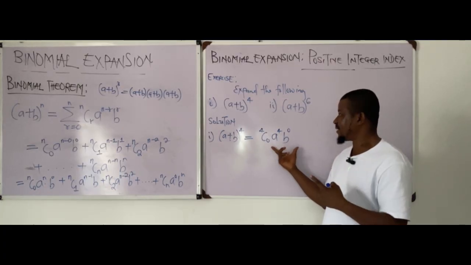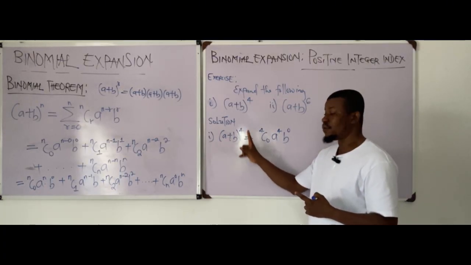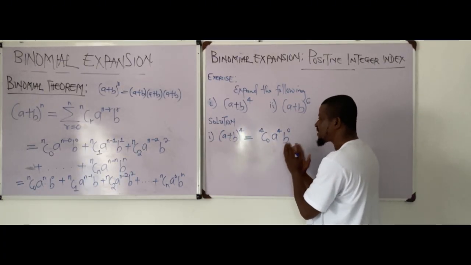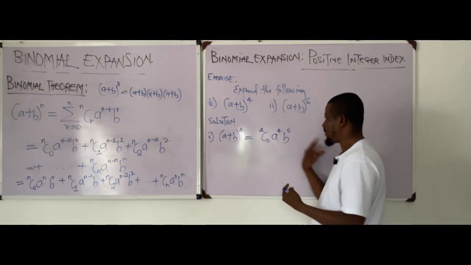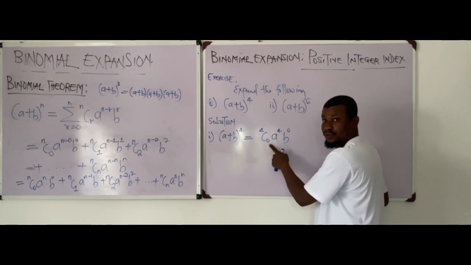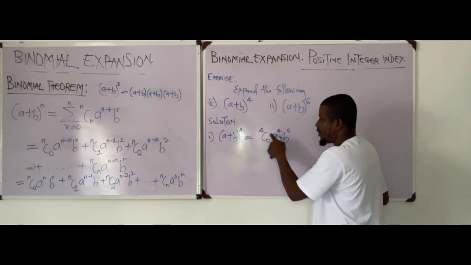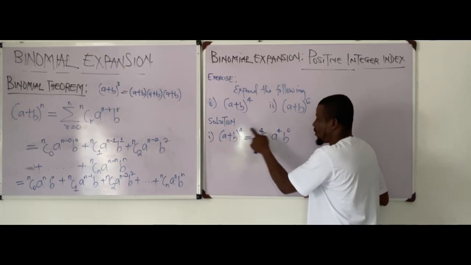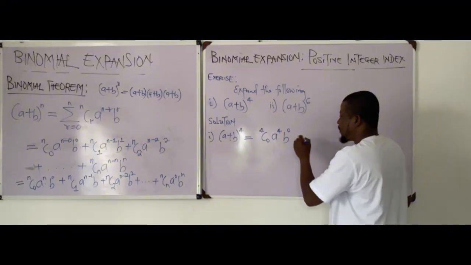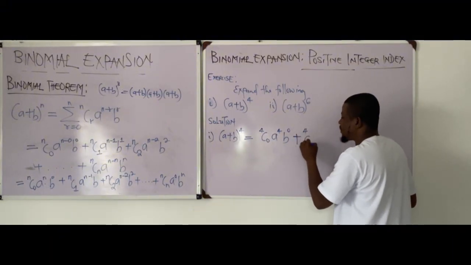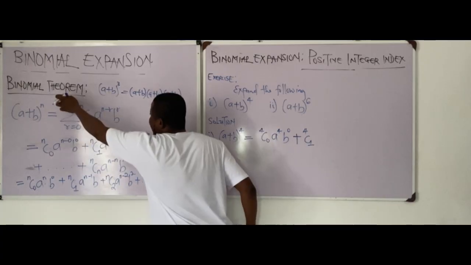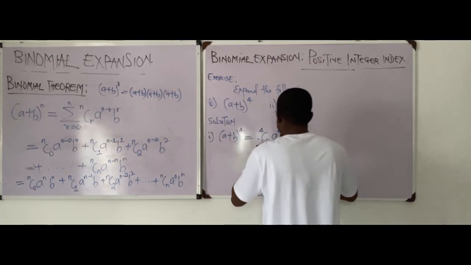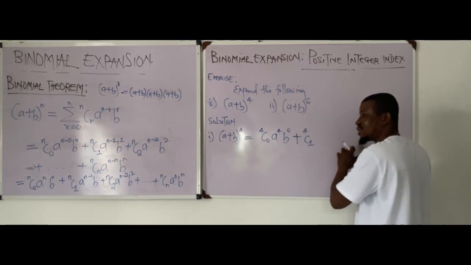So let's look at it again. If I have a plus b to the power of 4, it is equal to a summation of terms where you make combinations up to 4. Now, 4 combination 0, a takes the highest power, b takes the lowest power, plus 4 combination 1. Remember we said r runs from 0 to n, and in this case n is 4. So we have 0, 1, 2, 3, 4.